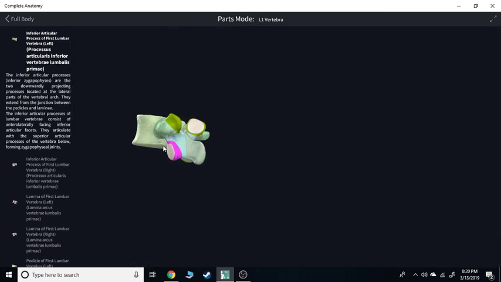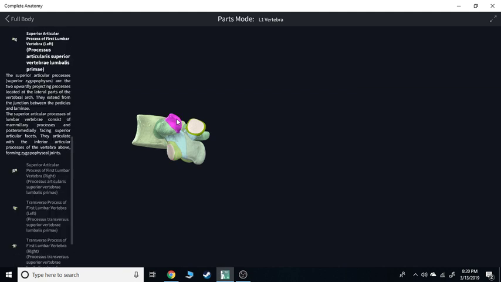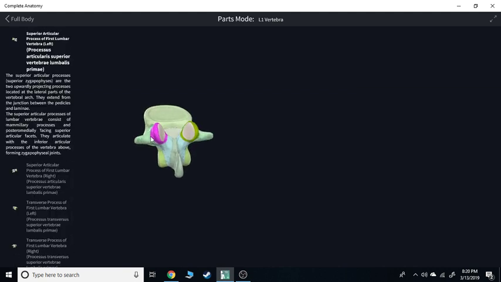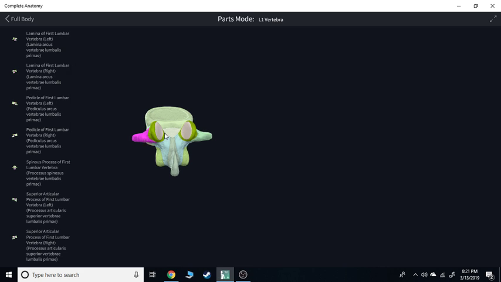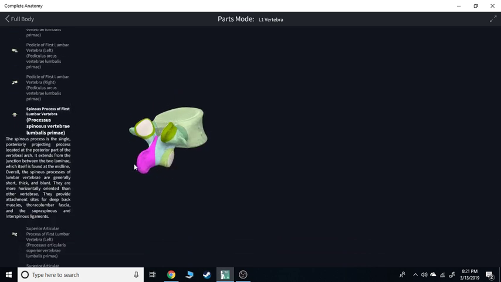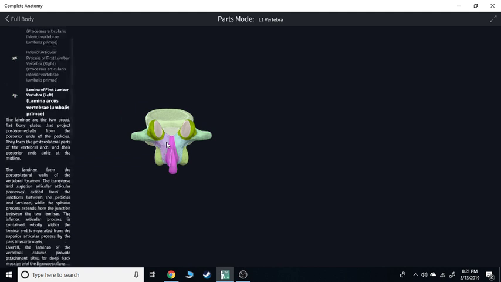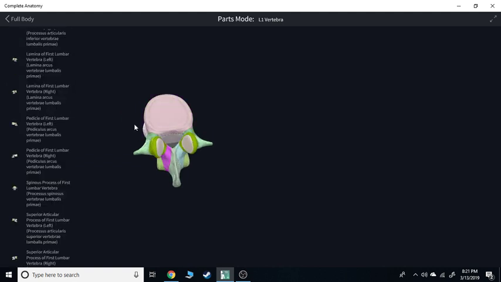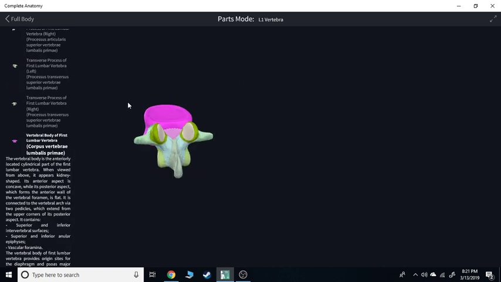So here we have the inferior articular process where it'll articulate with the vertebrae below it. We have the superior articular process where it'll articulate with the vertebrae above it. Then we have the transverse process here, which doesn't have articular cartilage this time. Here we have the spinous process, just like we did before, and the lamina, and then the body. Pretty similar. It's just shaped a little differently.